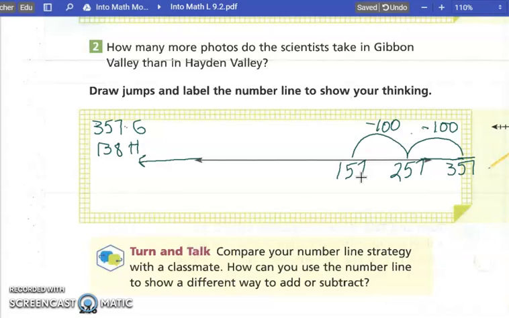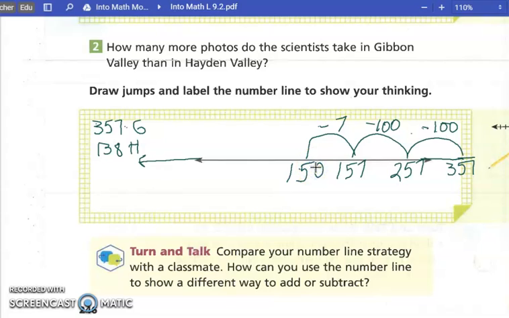No. So now what should we take away? What if we take away our 7 now? Minus 7, that leaves us at 150.